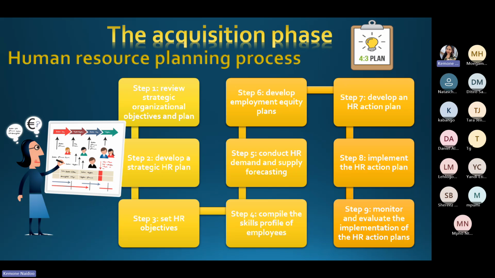Now, if your organizational goal was to become the biggest IT company in the country, you obviously are going to need to have a specific type of labor market that you're looking into. So the forecasting will take you into, okay, what skills do those people need to have? And obviously, we would need to hire these types of people if we want to meet the future goals and objectives of our company.